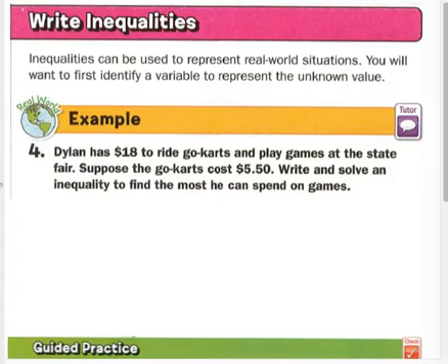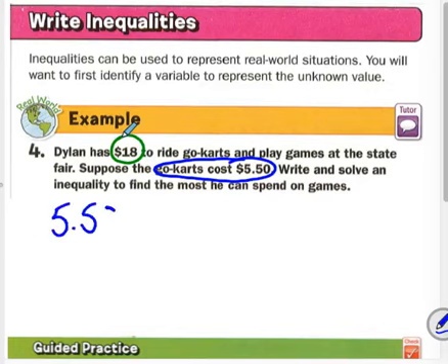Write and solve an inequality to find the most he can spend on games. All right, so let's think this through. He has $18. We know the go-karts are already $5.50. He's already spent $5.50 on go-karts. So we can assume that this is gone because those are our go-karts.